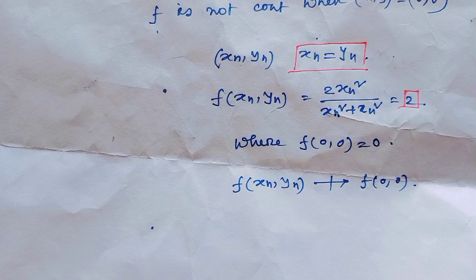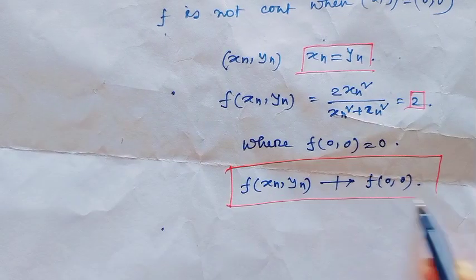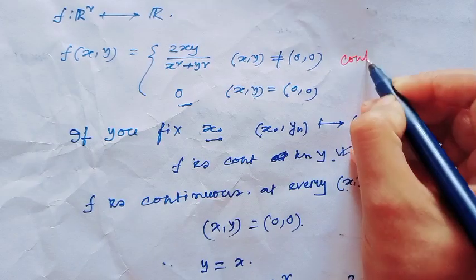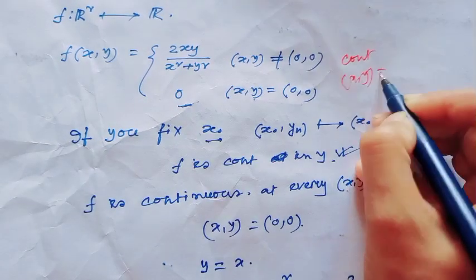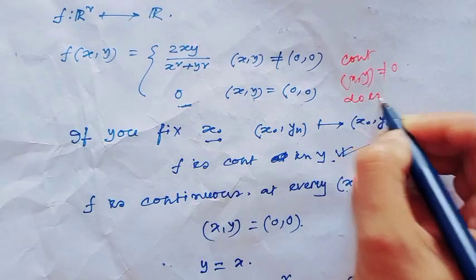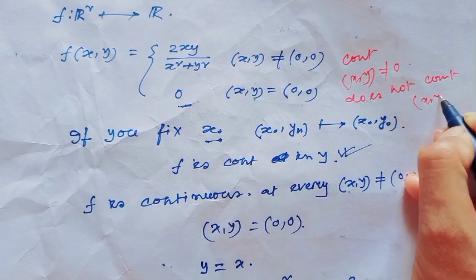That means f of (xn, yn) does not converge to f of (0, 0). So this function is continuous when xy is not equal to (0, 0), but is not continuous when xy equals (0, 0).